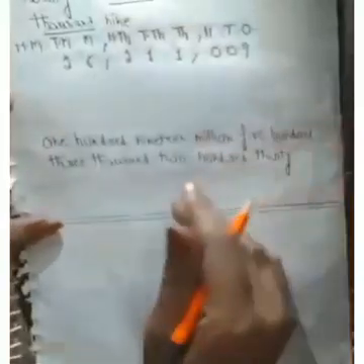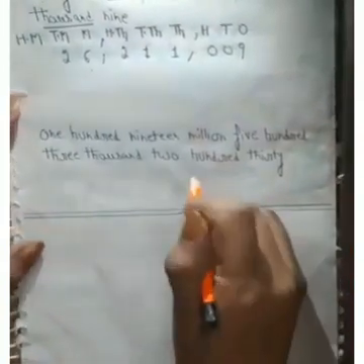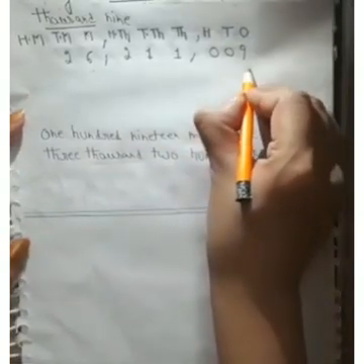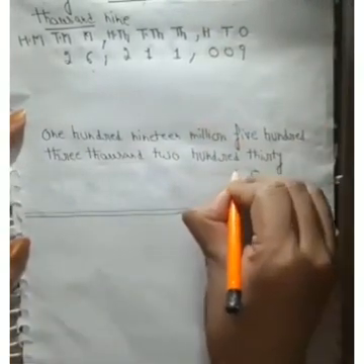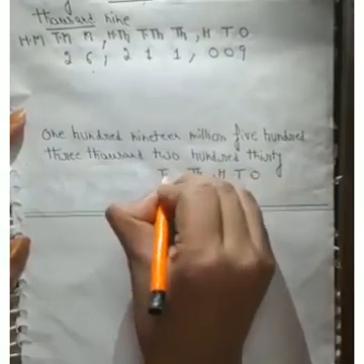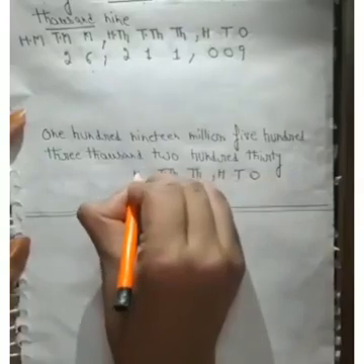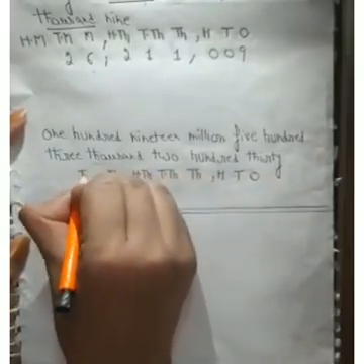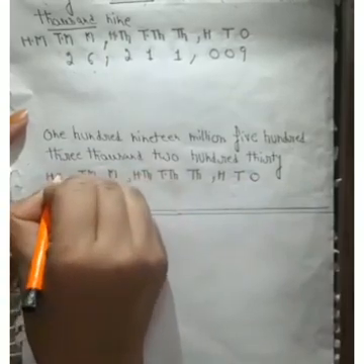Now let's take one more example. In this also we have to follow the same steps as we have followed here. So let's write ones, tens, 100, comma, 1,000, 10,000, 100,000, comma, million, 10 million, 100 million.